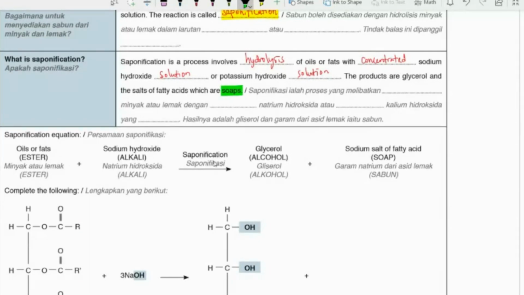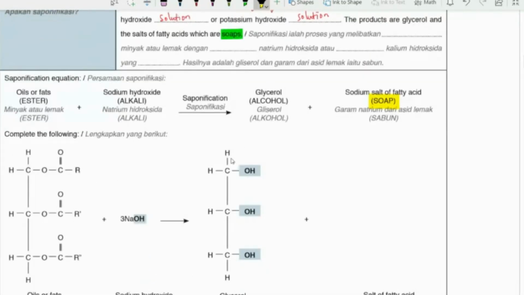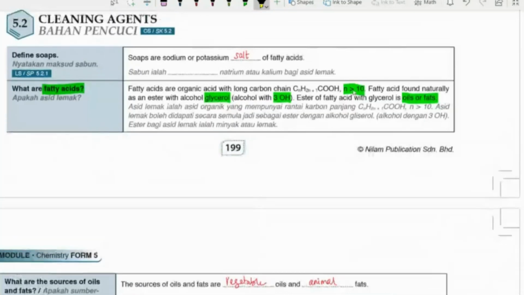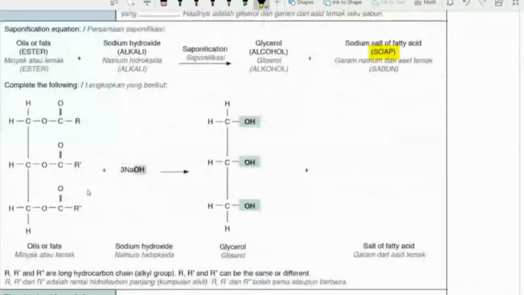Then it undergoes saponification and forms glycerol and the sodium salt of fatty acid, that is the soap. It has two products, one is glycerol, one is the salt. So this is an oil or fat. This R, remember, has n more than 10, but they are connected like this.